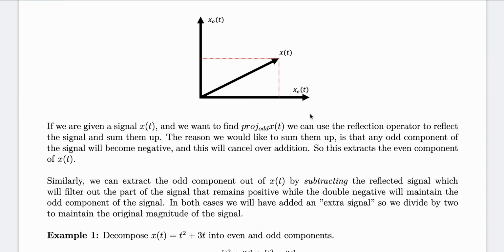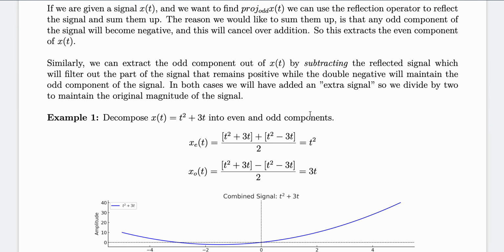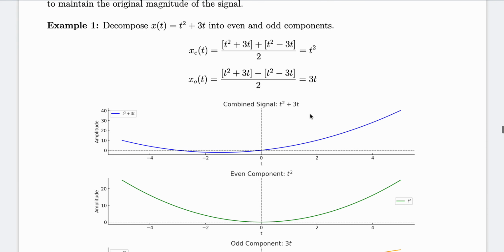Cool, so I hope that makes sense, how we can get those equations intuitively by thinking about symmetry and the ramifications of adding the reflected signal versus subtracting the reflected signal. So what we can do is go into an example. Let's decompose this signal t squared plus 3t into even and odd components.